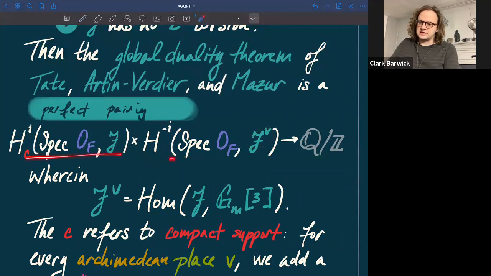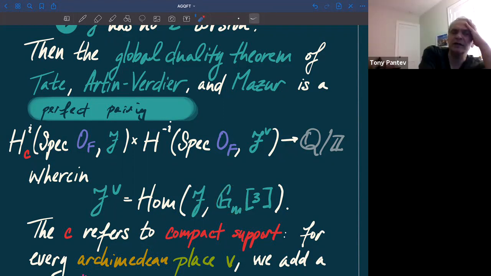So this exhibits these things as the Pontryagin duals of each other. And here F dual is Hom from F into G_m shifted by 3. One of the funny points here, let me just emphasize, is that this is again a constructible sheaf, even though G_m shifted by 3 is not in any sense a constructible sheaf.